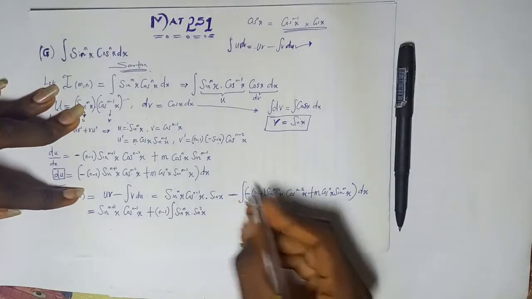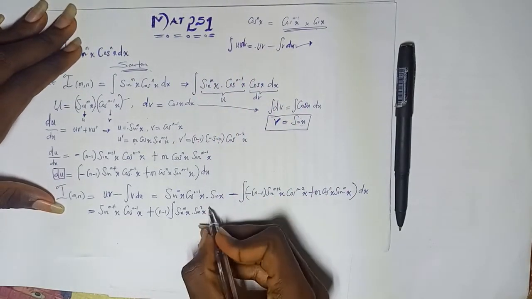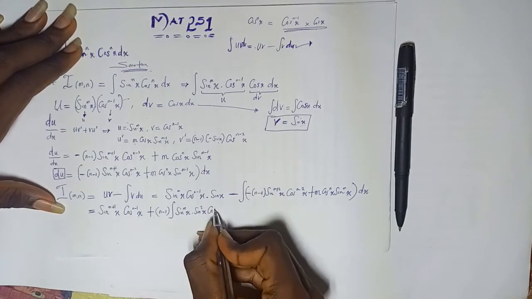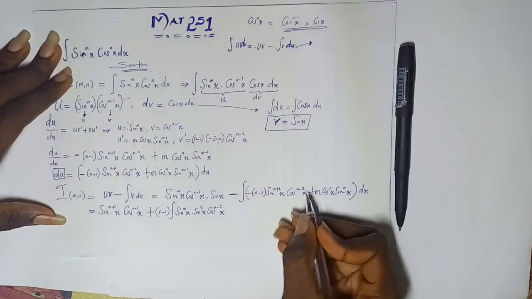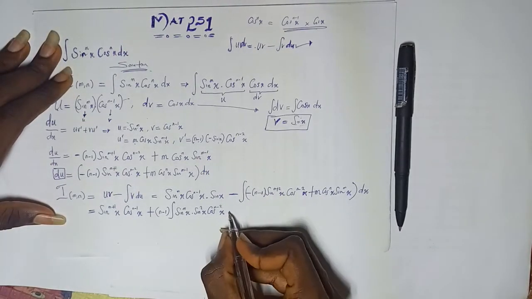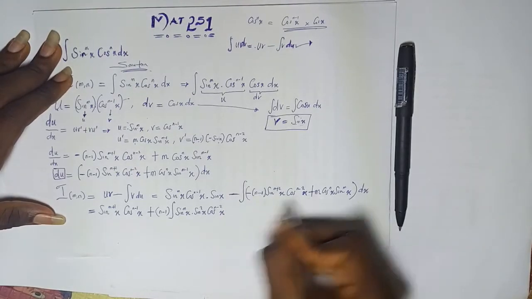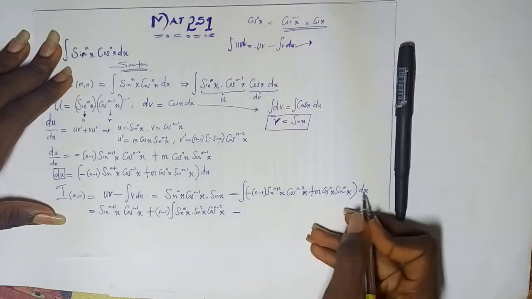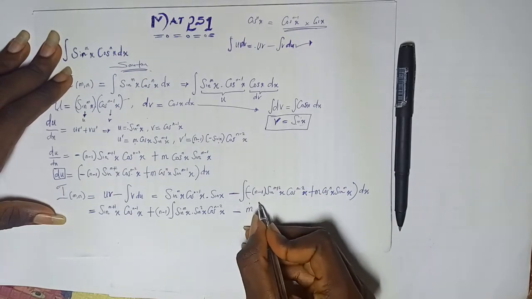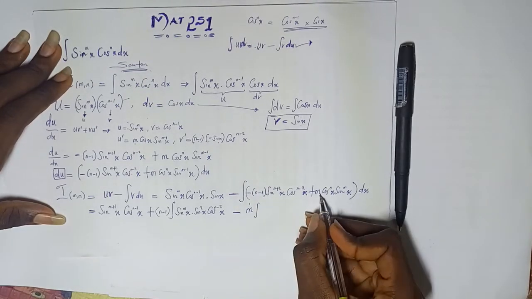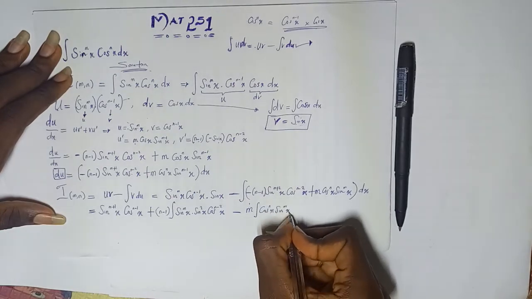Then finally with this, cos of n minus 2 of x. I think this is okay enough. The next thing now is to multiply this minus and this plus, which should give us minus the integral, with this, I'm bringing the m outside, then I'll have an integral of cos of nx sine of mx, right?